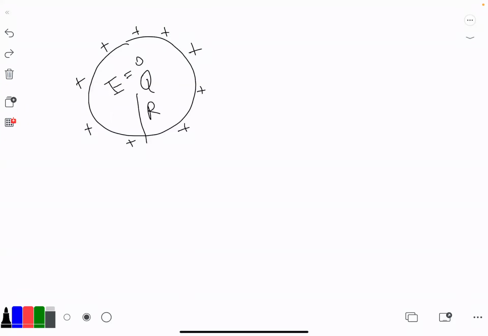What we have to find is the electric field at the distance R. This is 5, this is 10. So what you have to do is draw a Gaussian surface. It's an imaginary surface just to find the electric flux, and so the electric field, to make your life easy.